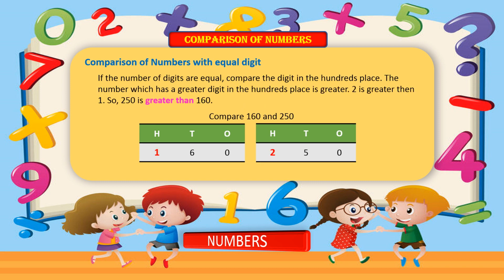Comparison of numbers with equal digits. If the number of digits are equal, compare the digit in the hundreds place. The number which has a greater digit in the hundreds place is greater. For example, compare the numbers 160 and 250.